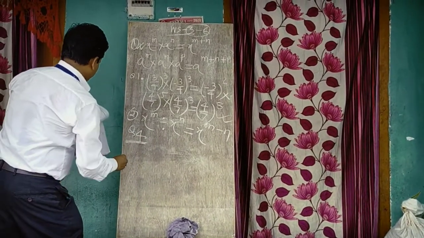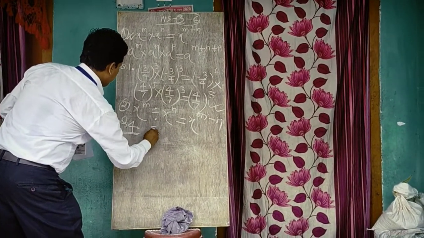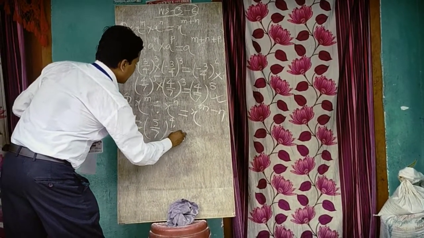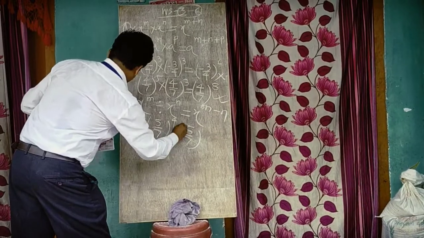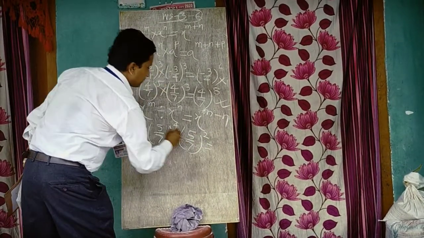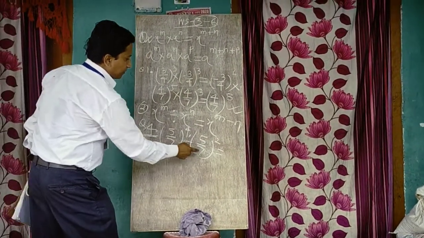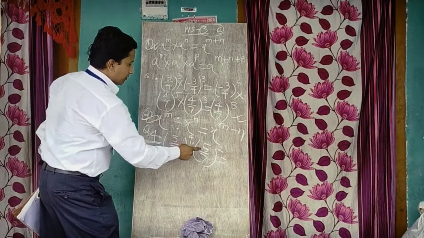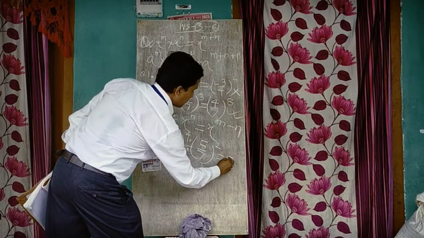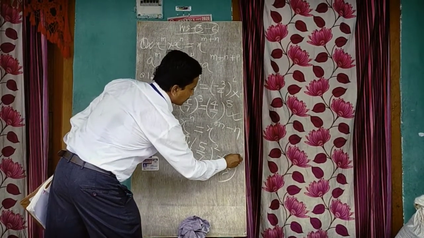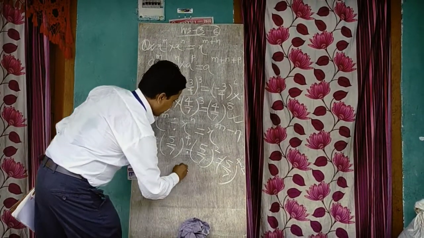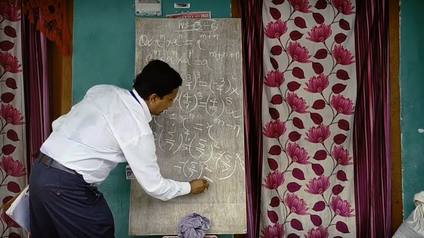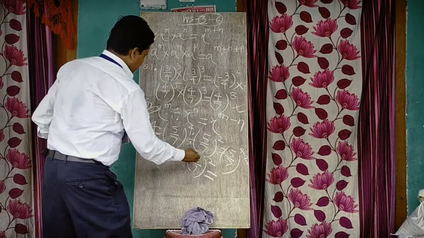Question number 4. Example: (5/7) to the power 4 divided by (5/7) to the power 2. Now, the bases are the same and the sign is division. So according to this rule, the powers will be subtracted. (5/7) to the power 4 minus 2 equals (5/7) to the power 2, and you can split it.